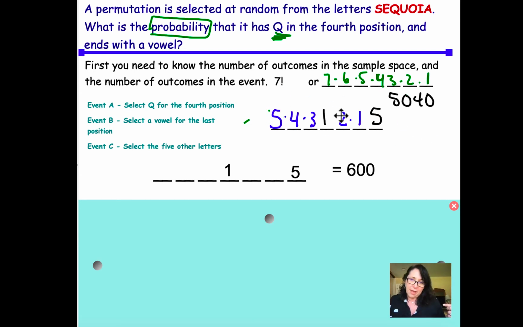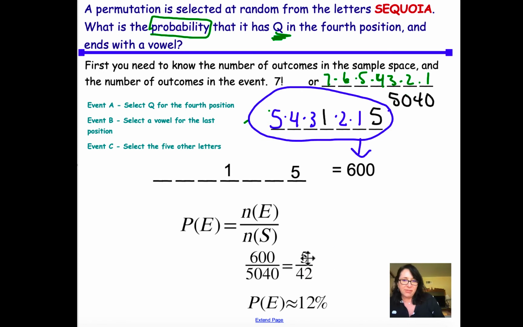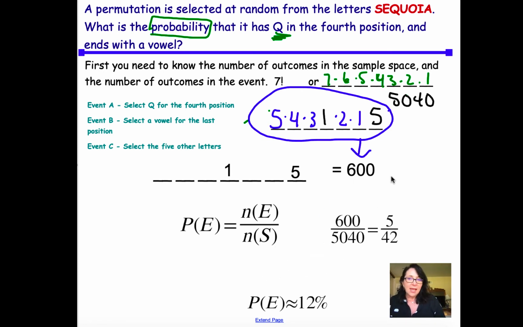When you multiply these all out, you end up getting 600. Those are my permutations for rewriting the word sequoia. But they want to know the probability of this event happening. So the probability is taking my 600 out of 5,040 and dividing. So 5 divided by 42, which is about 12%. Okay, cool.